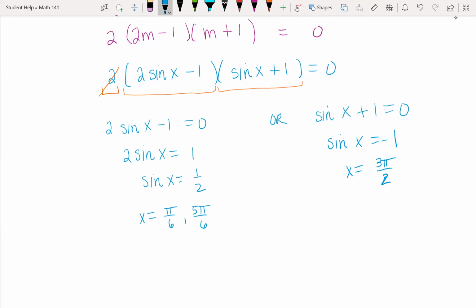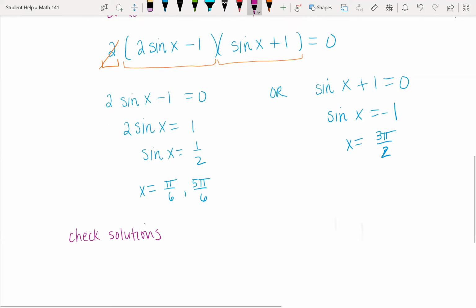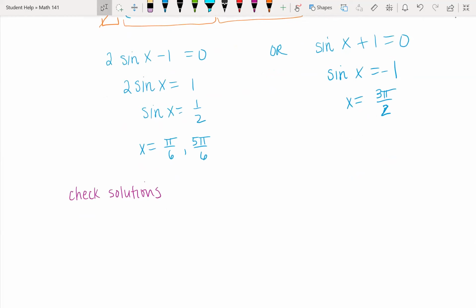So now what we have to do is check all of our solutions. The original equation was square root of 3 times the cosine of x minus the sine of x equals 1.